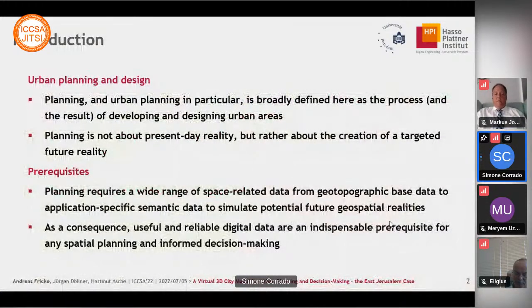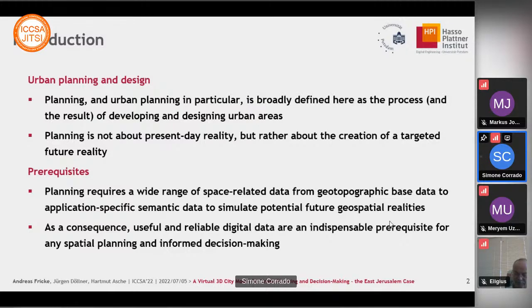Urban planning and design is particular in this area of East Jerusalem, where we have the project. It's very difficult to plan the urban cityscape because of the controversial structure, because of the Israeli version and the Palestinian version, and we are in this kind of reality there.